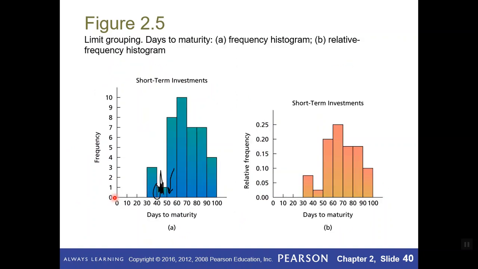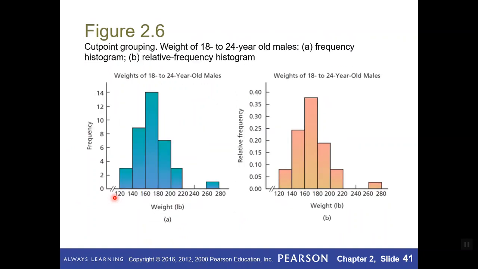Just for an example, you can see between 120 and 140 there are 2.5 males, the frequency of weight in between these two. So 120 and 140 within this group. 140 to 160 within this group.